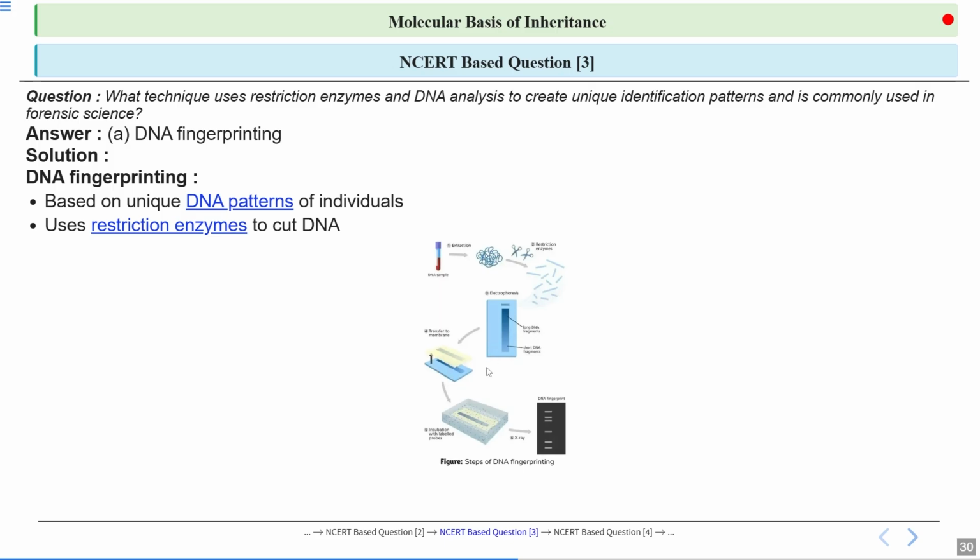They took this gel and transferred it to the membrane, which is made of nylon or nitrocellulose, and the membrane is incubated with VNTR probes. After that, on X-ray film by autoradiography, you will see the DNA fingerprinting. So these are the steps of DNA fingerprinting.